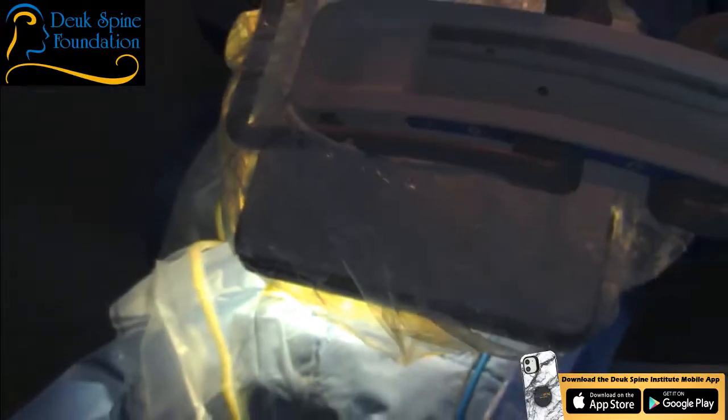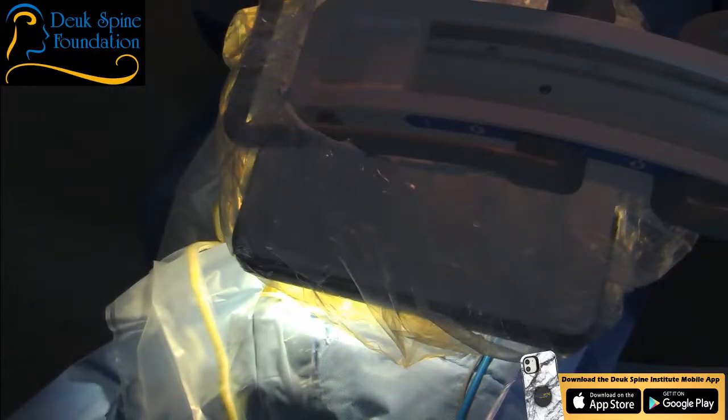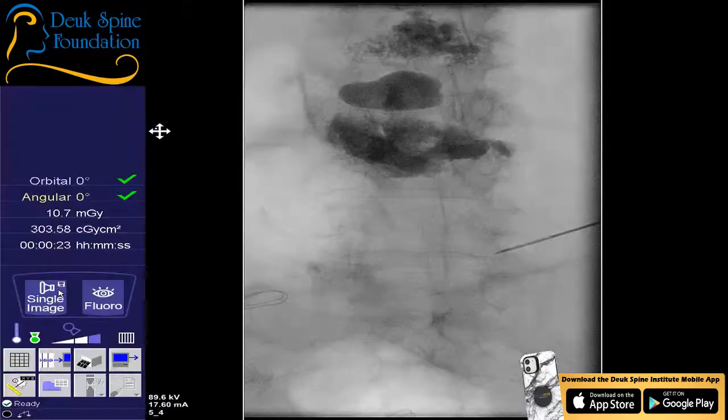Unfortunately, it's even harder for you because we can't put you to sleep. Normally we can give patients some sedation during this part. But with your COPD, I just don't want to take any chances. That looks good. Let's go lateral. Yeah, it's more important that you're healthy and you come out of the surgery, at least from a pulmonary and cardiovascular standpoint, the same.